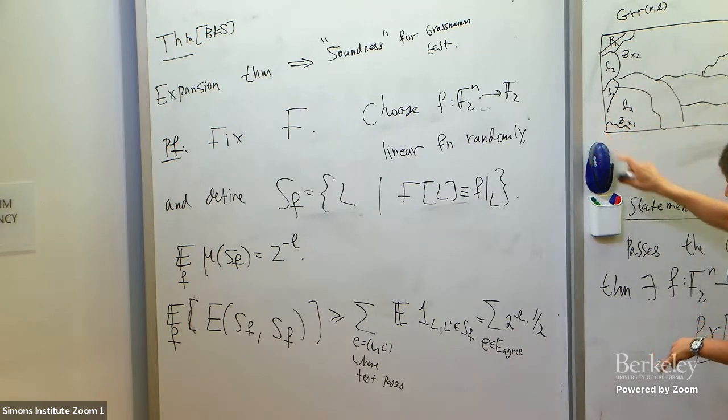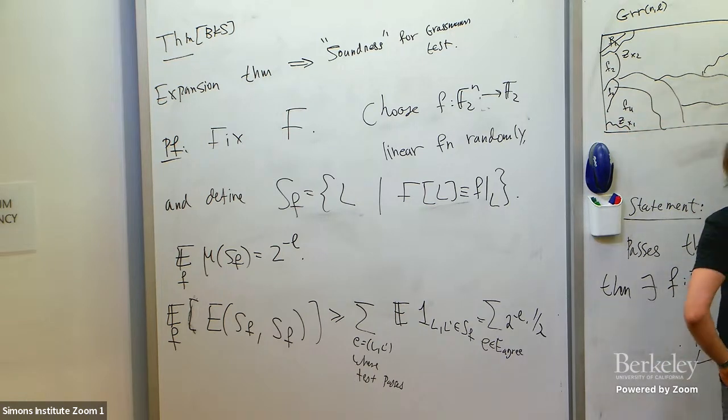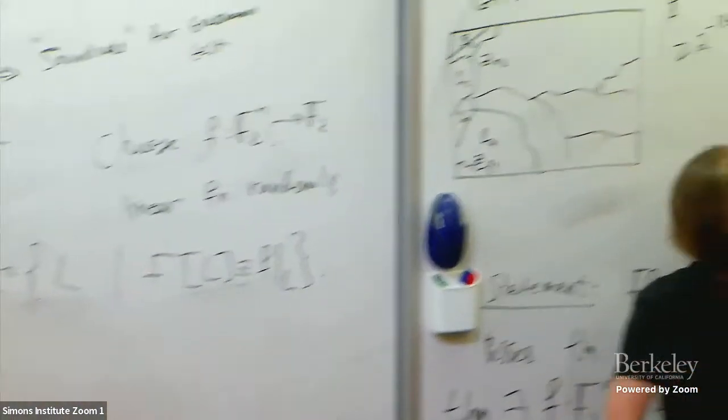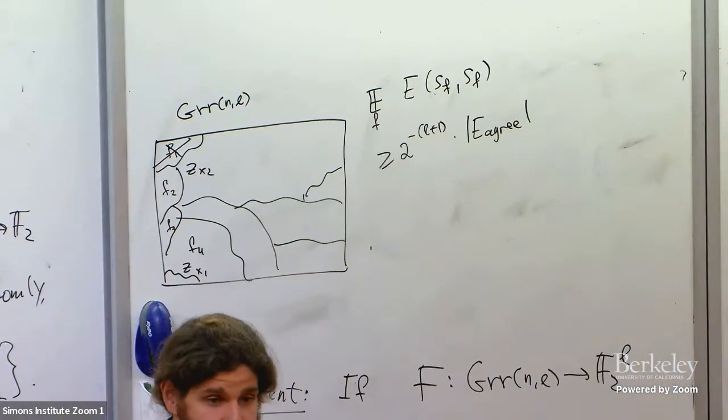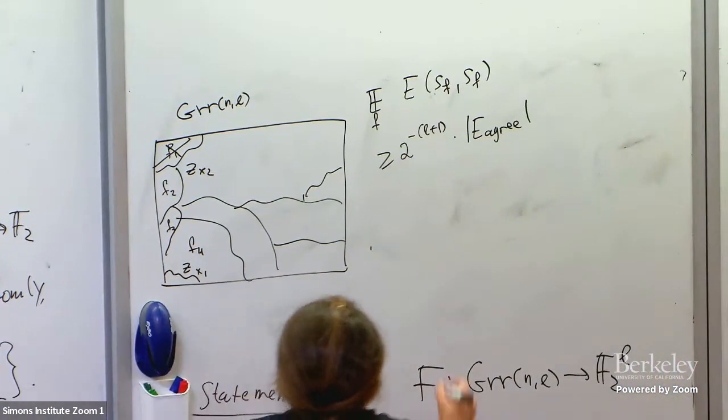When you calculate it, you see that the expected number of edges that stay inside SF is at least 2 to the minus L plus 1 times the number of edges on which the test passes, which by assumption is at least epsilon fraction of the total number of edges.